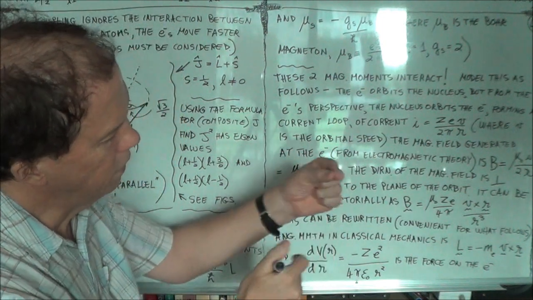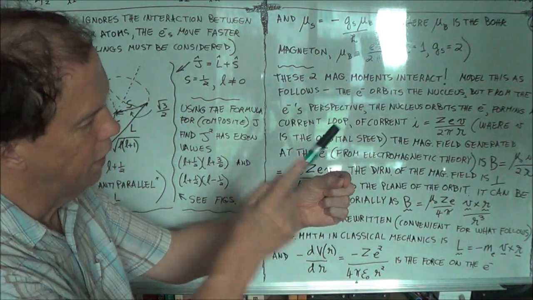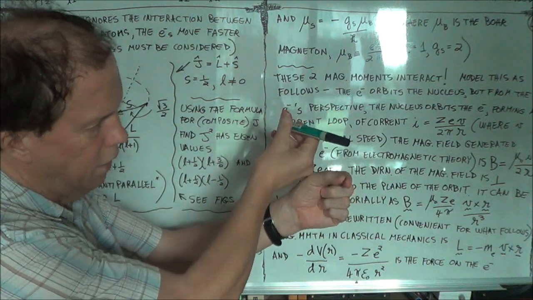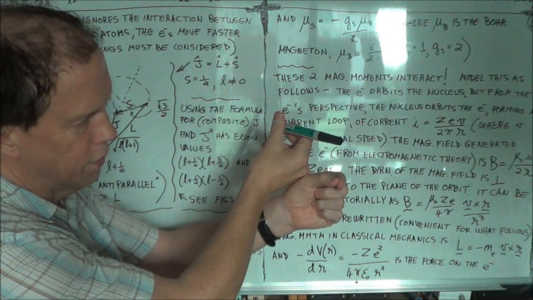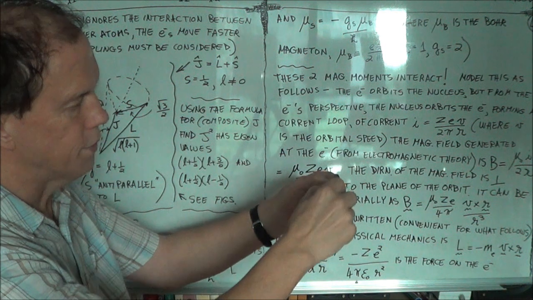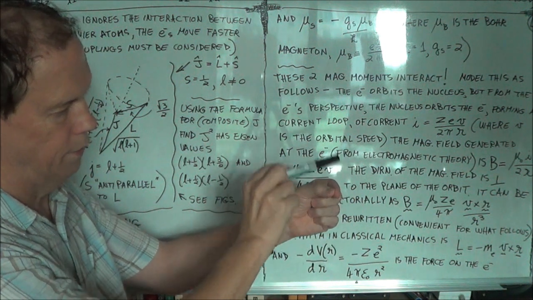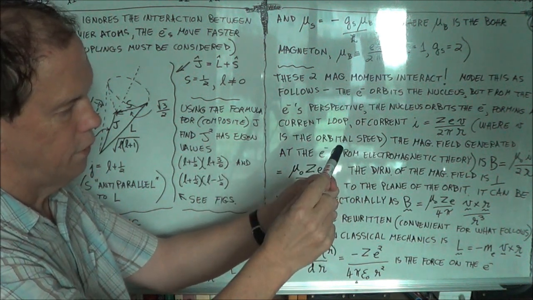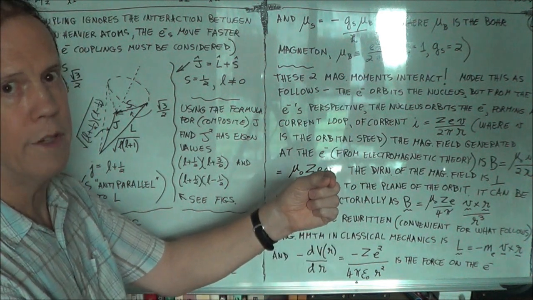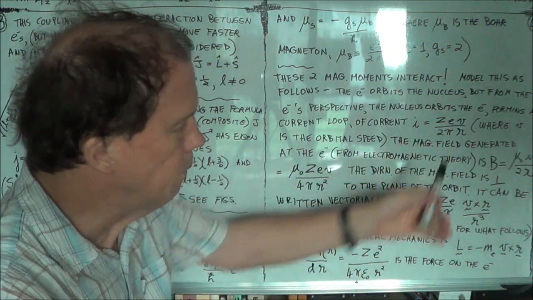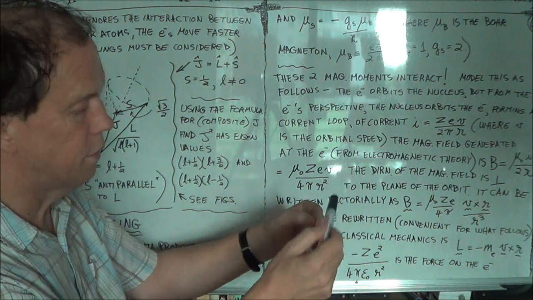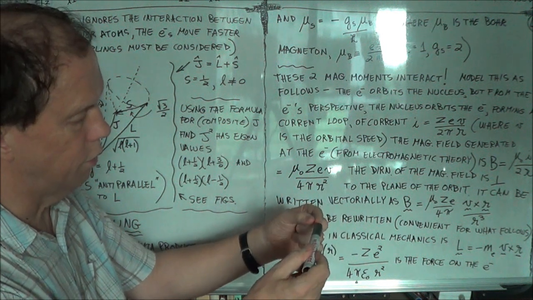So imagine here's where the electron is, let's say, and at the tip of this black felt tip pen, just here, let that be your reference point, and here's a circle of radius r. Okay, so if this nucleus is whizzing around in a circle at speed v, then what's the current from the point of view of the electron?